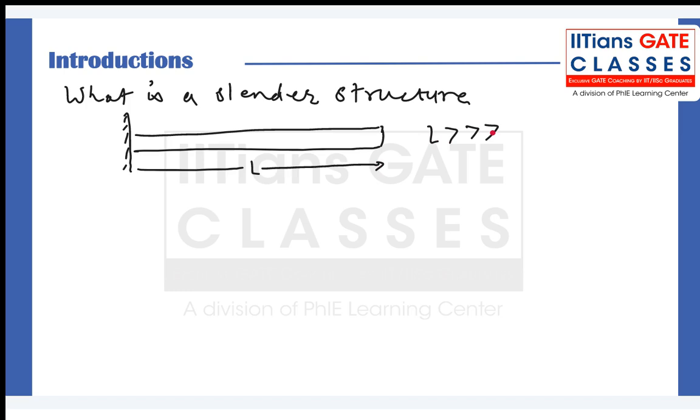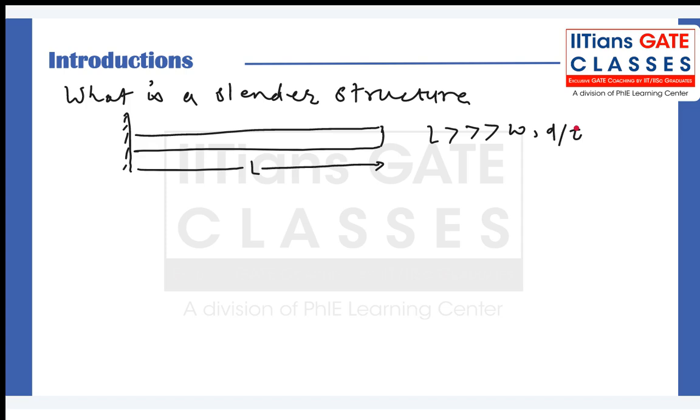The other dimensions are width and depth or thickness. Clear guys? So a structure is known as a slender structure if its length is very high compared to other dimensions, and this would be a prismatic structure.